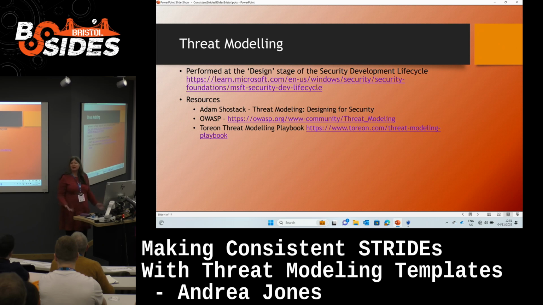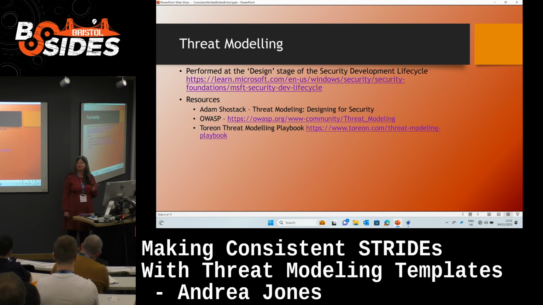So what's threat modelling? How many of you do threat modelling? Let's have a show of hands. We're around maybe the 40% mark, something like that. So I'm glad there's quite a lot of you who don't do it and perhaps don't know what it is. It's a very good thing to do and can be very helpful. It should be performed at the design stage of the security development lifecycle.